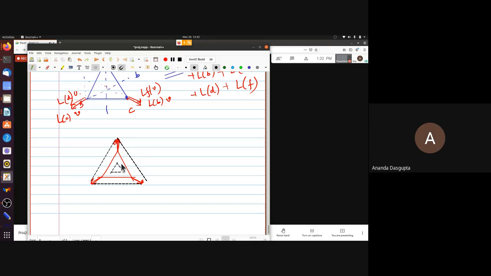So what kind of vibration are we talking about here? Describe the shape of the molecule when this vibration occurs. The red one was the original size, original shape. After a while, it became something like this. And then after more time, it became something like this one.